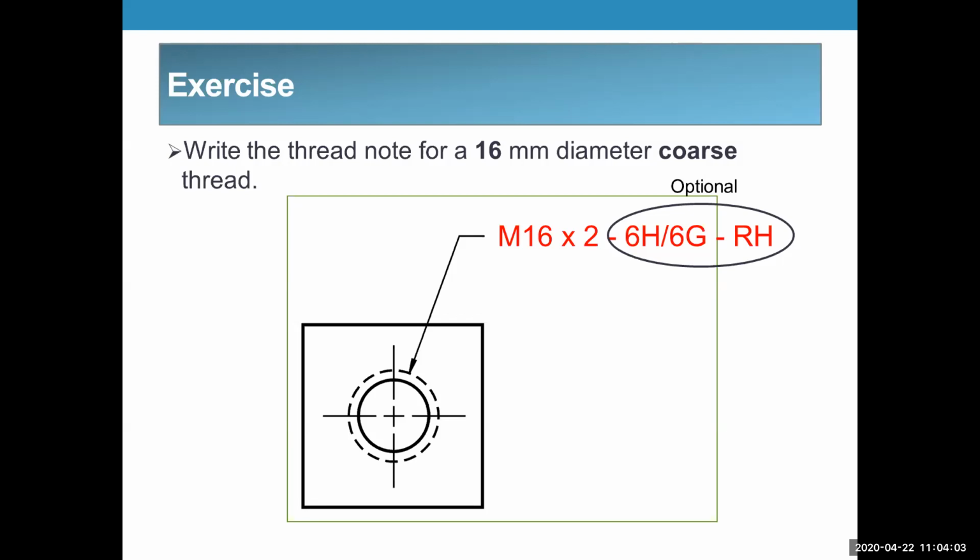Don't need to show that information. So the call out's pretty easy, right? The only thing you'd add, if this were not tapped all the way through, would be the depth of the thread on a line underneath.